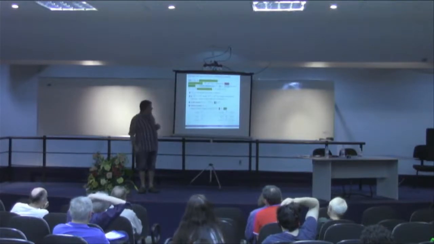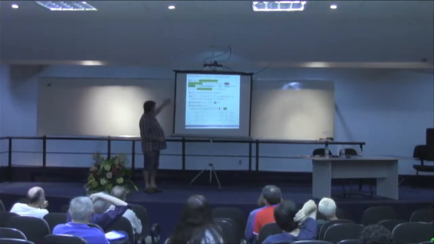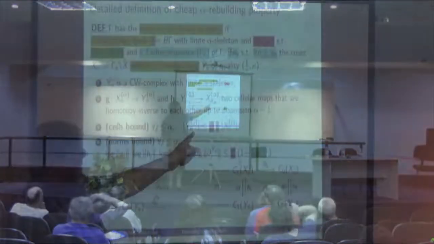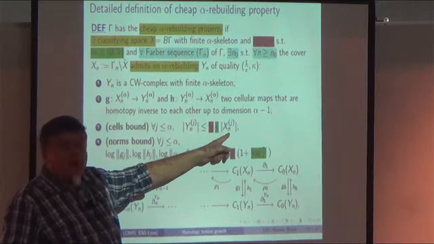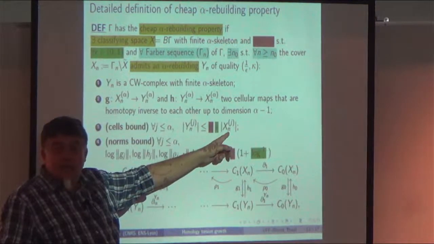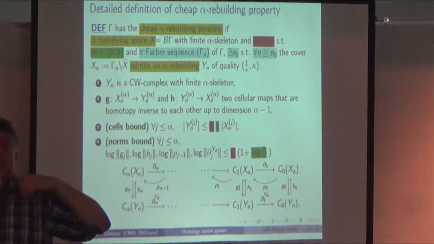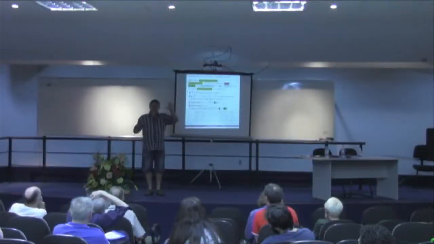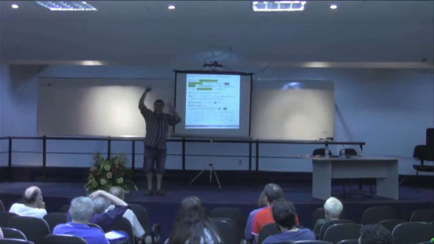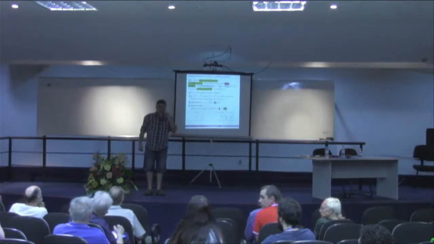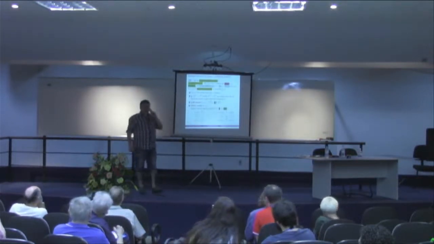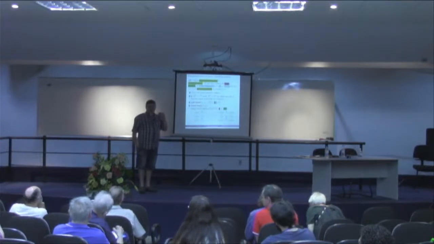Right. Okay. And so what you want is that the number of cells in Yn is of type kappa times epsilon, the number of cells in Xn. Right, I see. So you want this guy to be small-ish. Yes. And so you don't rebuild Yn, but it's always Xn that you rebuild. Right, okay. And the point is that the maps that you make can't be too big either. That's the point. So you need this balance. Yes. Right.